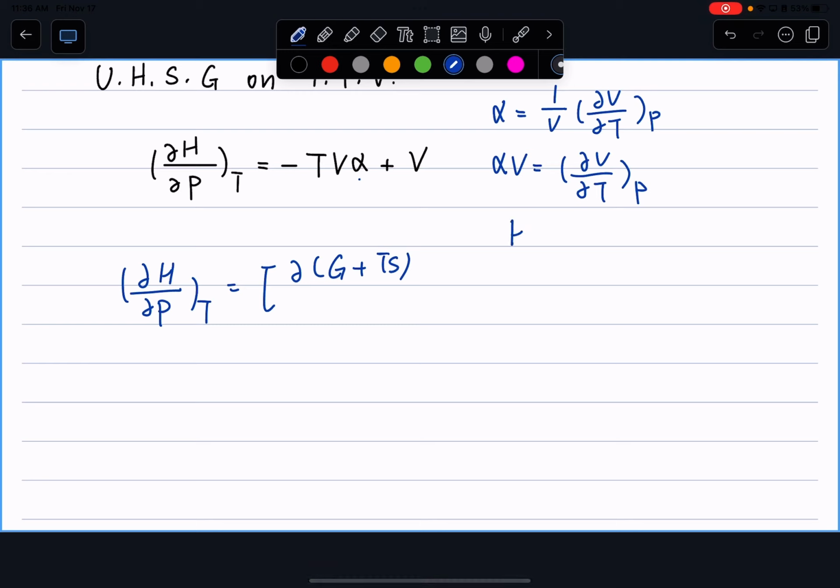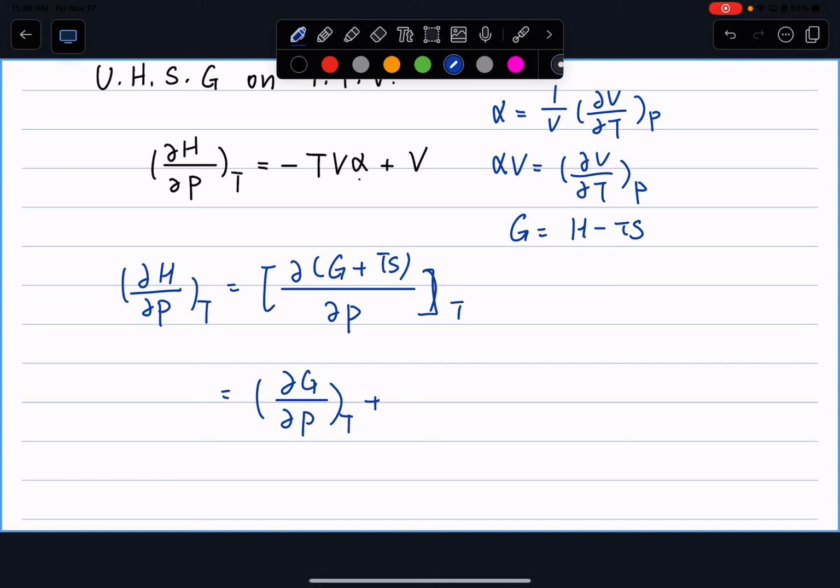This comes from the definition of your G equals H minus TS, over dP at constant T. You write it out using calculus. You have dG over dP at constant T. And at constant T, you can put the T out. So we have T dS over dP.